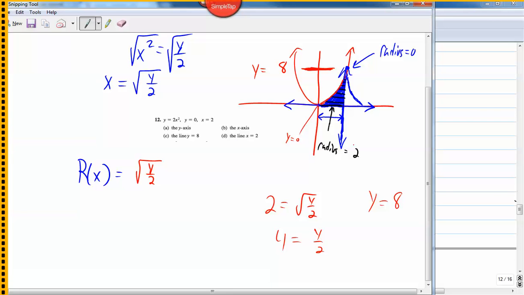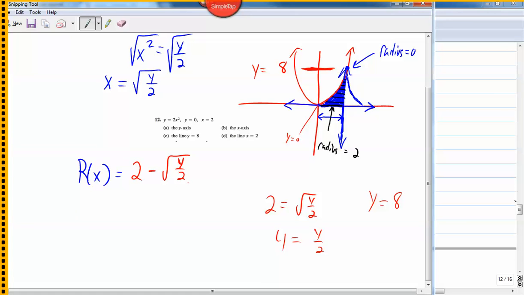So it's like we're just getting the opposite of what we need. So instead of the square root of y over 2, what if I make this 2 minus the square root of y over 2? You say, where did this 2 come from? Well, down here I want a radius of 2 when y equals 0, so I would have 2 minus 0, which gives me a radius of 2.